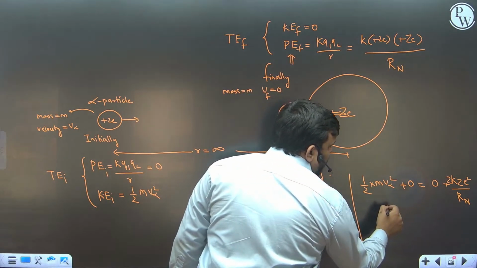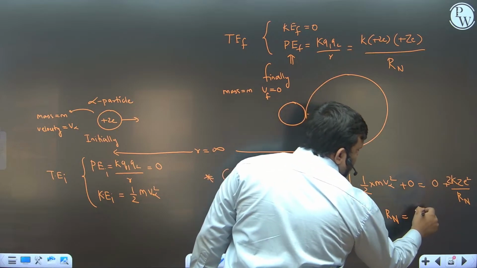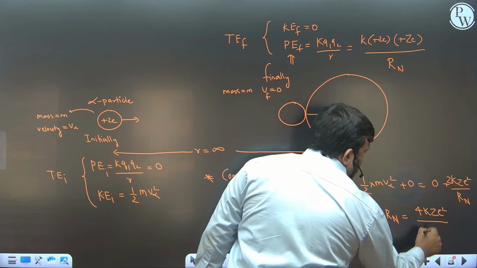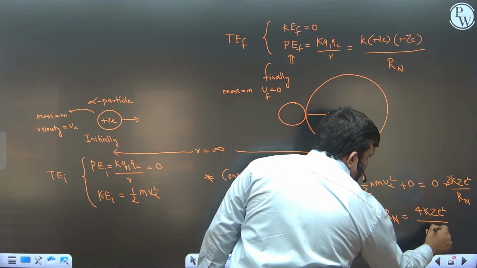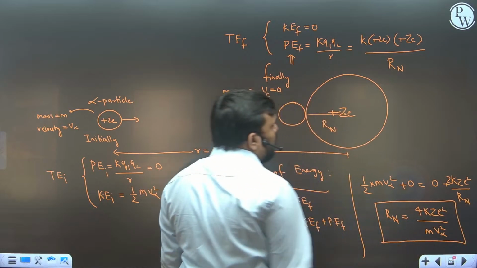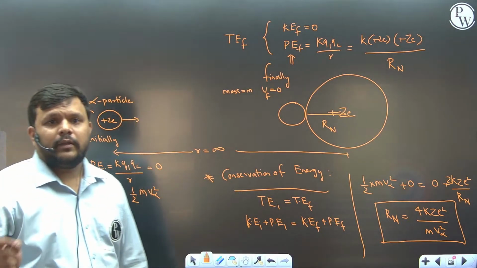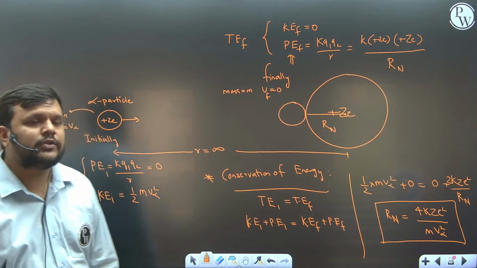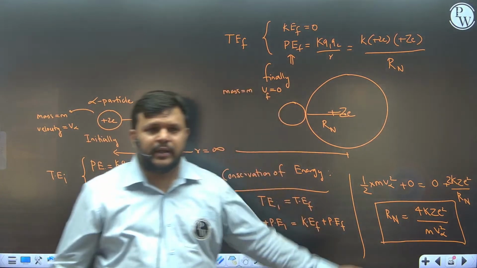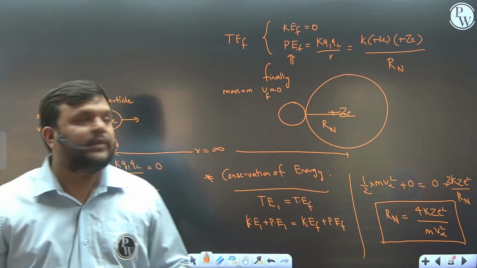So what we are getting over here, the radius of the nucleus will be, this 2 will be multiplying over here, 4kZe square upon m alpha v alpha square. So this is the radius of the nucleus, which is the application part over here, that Rutherford was responsible for the calculation of the radius of the nucleus, because by this experiment you can get to know of what order the radius of the nucleus can be.